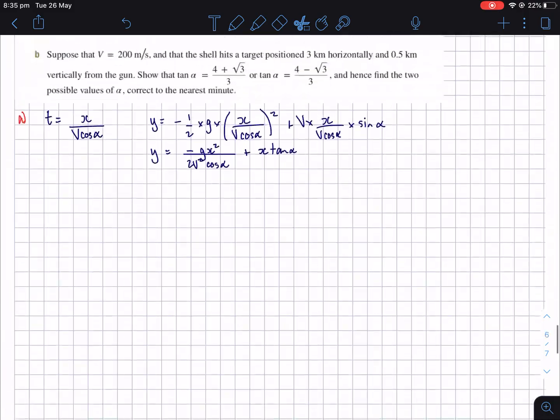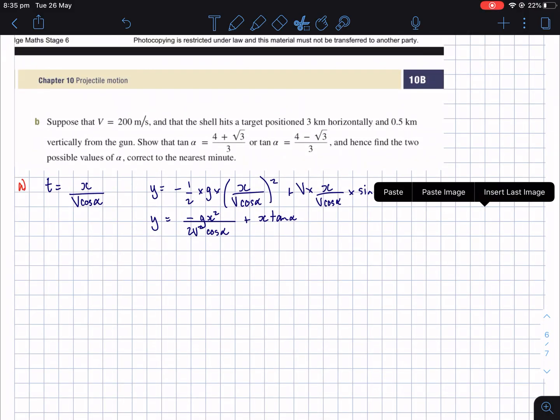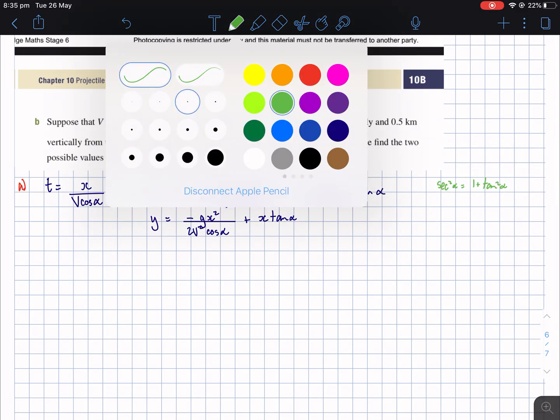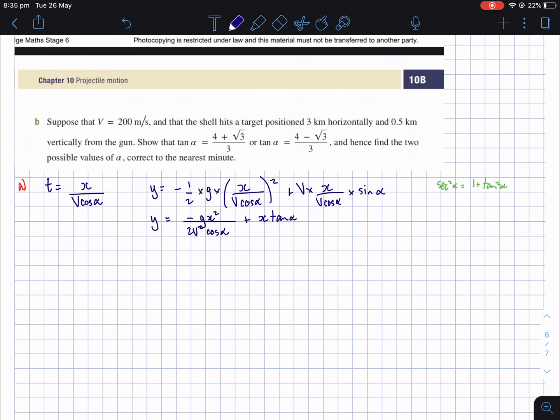Sec squared is 1 plus tan squared. It makes sense when you think about it, but I never come up with it on my own. I thought of that because I've got minus gx squared over 2v squared, and cos squared alpha is on the bottom, so that's sec squared alpha.